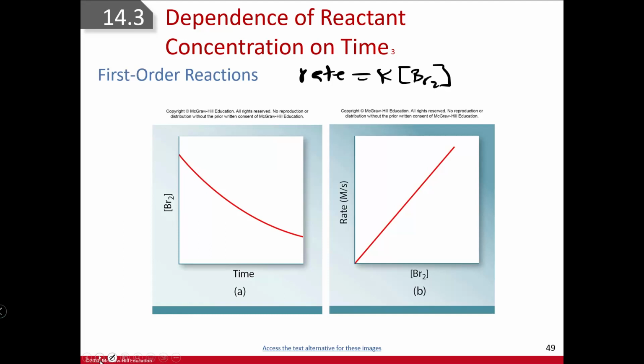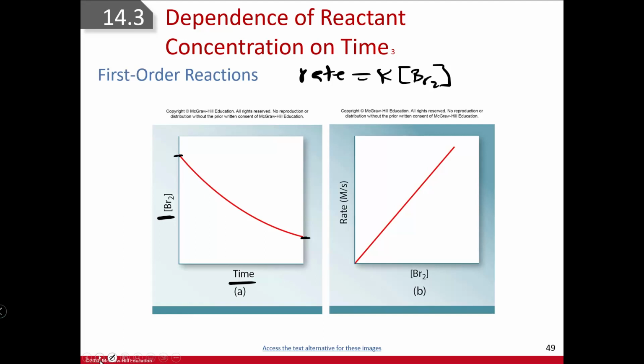If you just plot concentration versus time, we get a curve going downward, which makes sense. You initially start with a high concentration of the reactant, and then at the final measurement, the rate is decreasing and the concentration is decreasing.